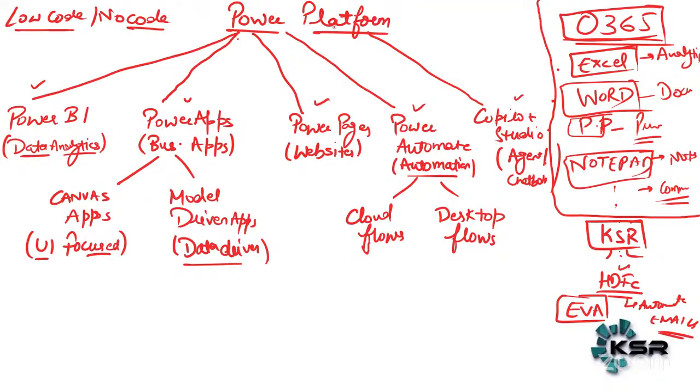Is SharePoint a cloud solution or not? Yes, SharePoint Online, Exchange Online. OneDrive, is it cloud or on premises? It's cloud. So when you have to do automation in all the cloud solutions, which kind of automation will you use? Cloud flows, right? Cloud automation.